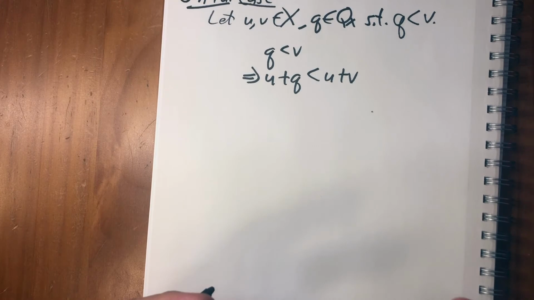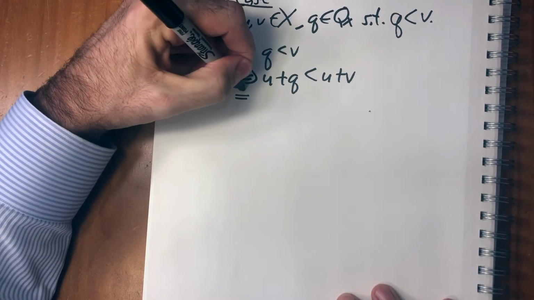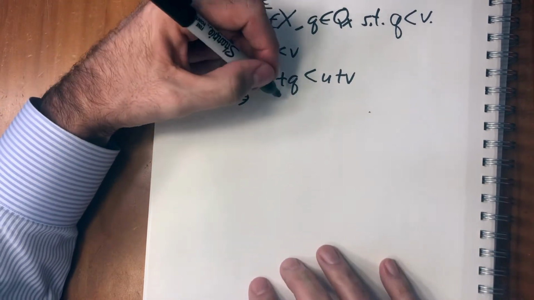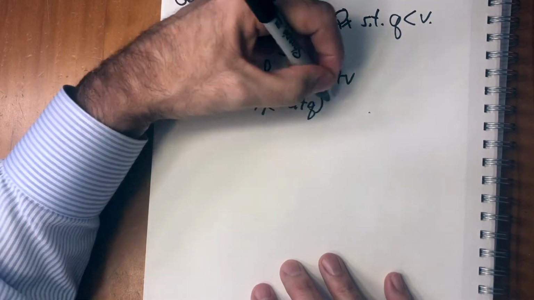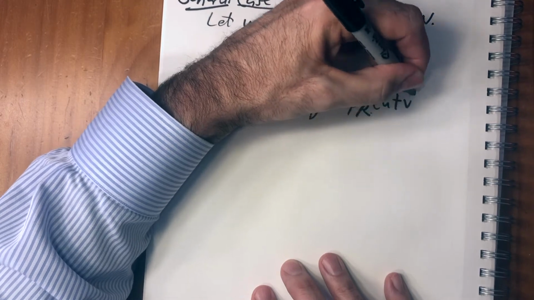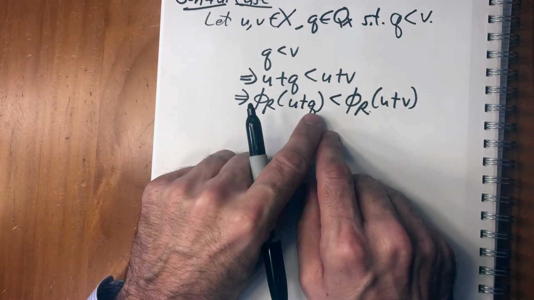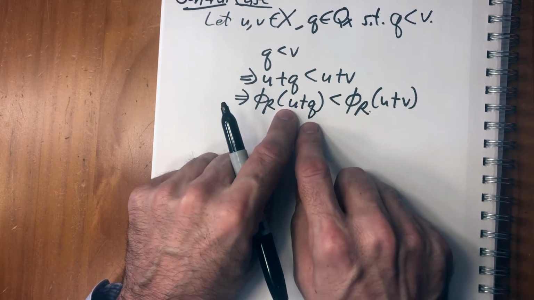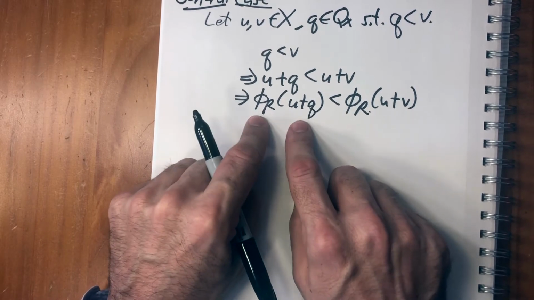Now, we already showed back, in order to prove that phi r is one-to-one, that phi r is order preserving. So if u plus q is less than u plus v, then phi r of u plus q is less than phi r of u plus v. Okay? Now, we just finished showing that if one of the summands is rational, and here q is rational, u is not, but if one of them is rational, then phi r is order preserving.